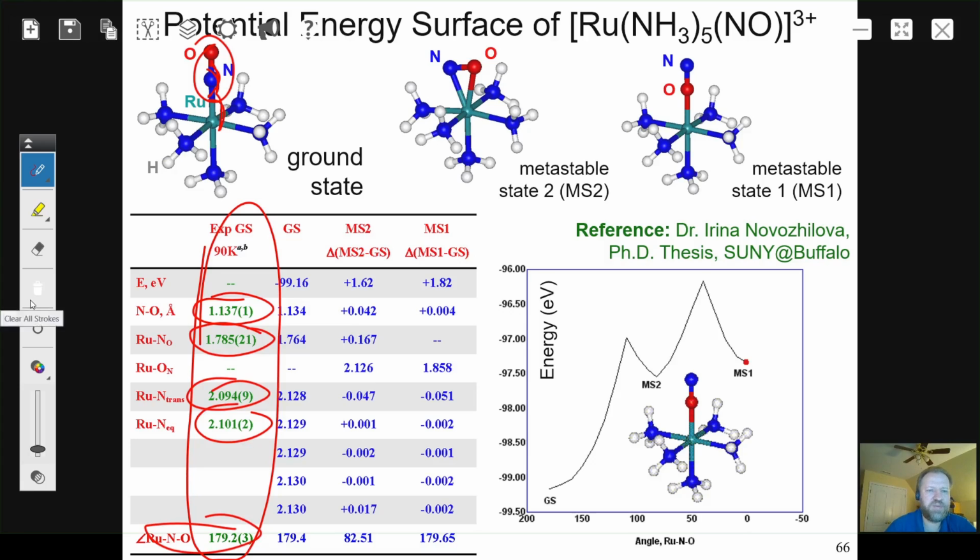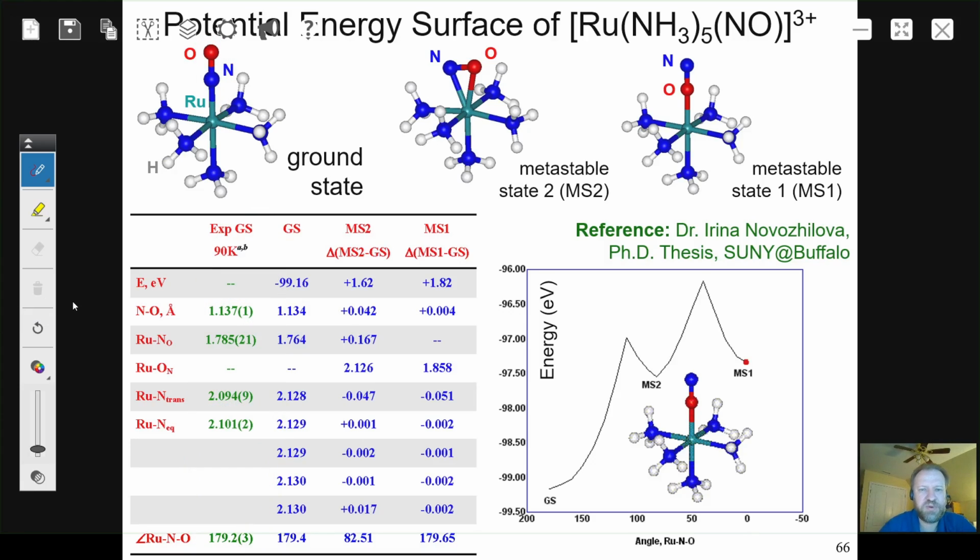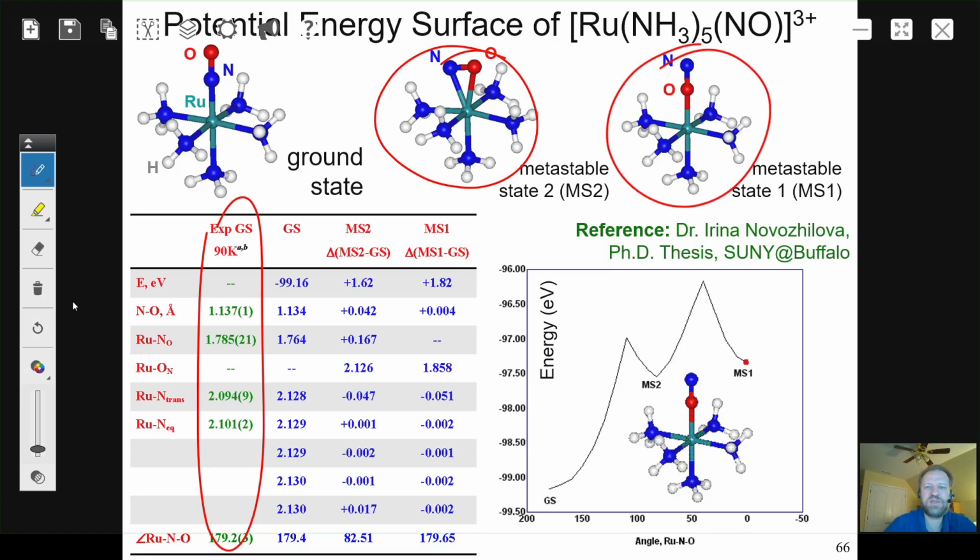Now, unfortunately, again, experimentally, they were only able to look at the ground state and also at these metastable states. Okay. Now, what's a metastable state? Well, this is the state that has higher energy than the ground state, the most energetically favorable state, but that metastable state can be frozen in time by cooling the system to a low temperature.